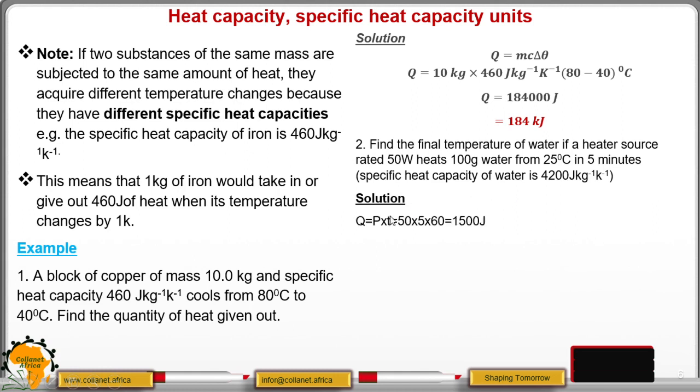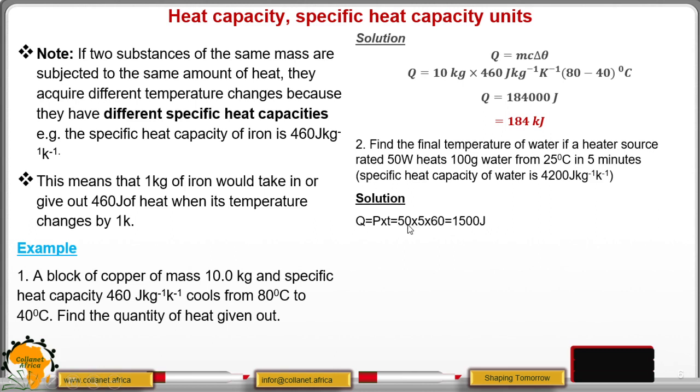We proceed as follows. The quantity of heat given by the heater is power times time. And remember, time is in minutes. We have to convert this in seconds. We must work with SI units. That is our power 50 multiplied by 5 minutes, then by 60 to make them in seconds.